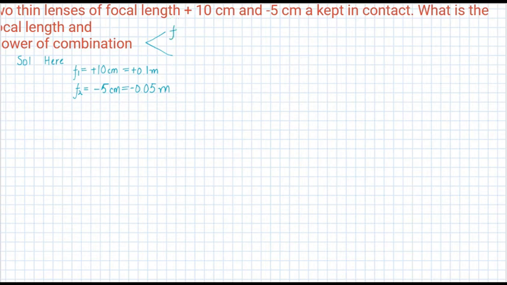After calculating the combined focal length, power of lens equals to 1 upon f. Fine. And the other method is, you can use f1 and f2. In that case, the power of lens equals to 1 upon f1 plus 1 upon f2. Okay, these are the two methods to calculate the power of lens.